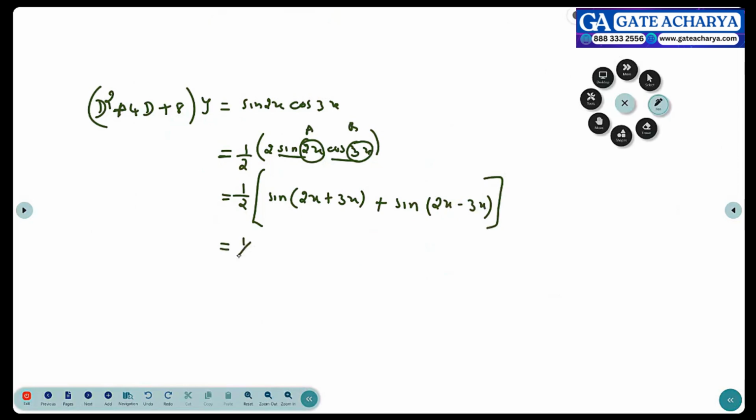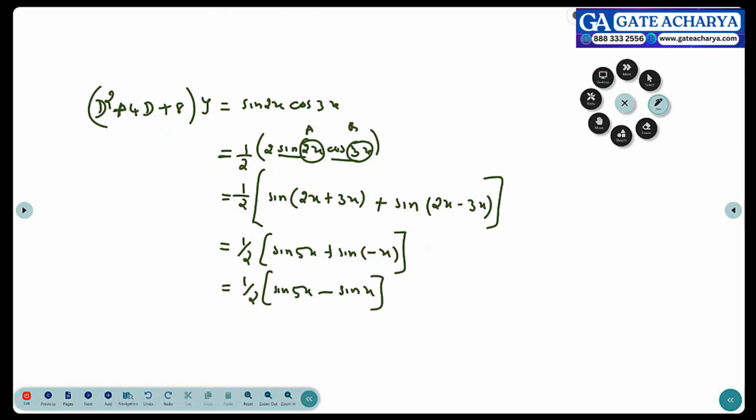That is equal to 1 by 2 of sin 5x plus sin of minus x. What is sin of minus theta? Minus sin theta, whereas cos of minus theta is plus cos theta. So sin of minus x is minus sin x.